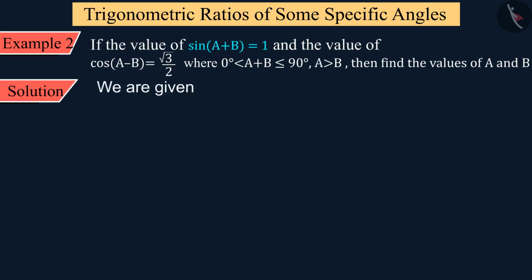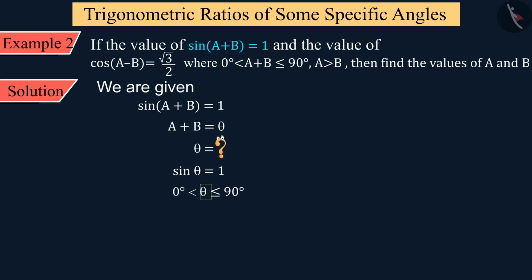We are given the trigonometric ratio sin(A plus B) on the left side of the equation and 1 on the right side. So, we need to know for which value of theta the value of sin theta will be equal to 1. Suppose theta is greater than 0 degrees and smaller than or equal to 90 degrees.